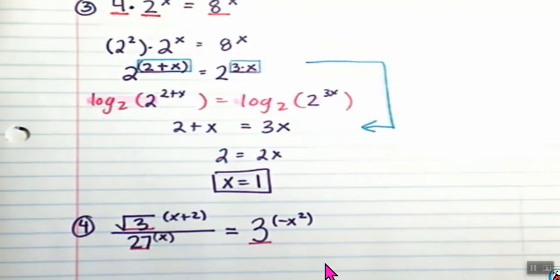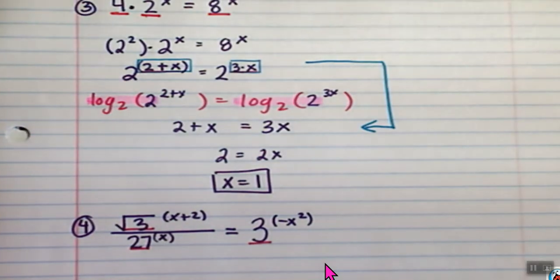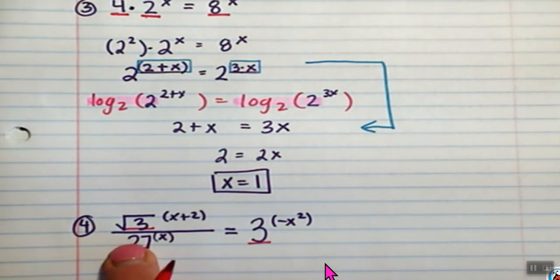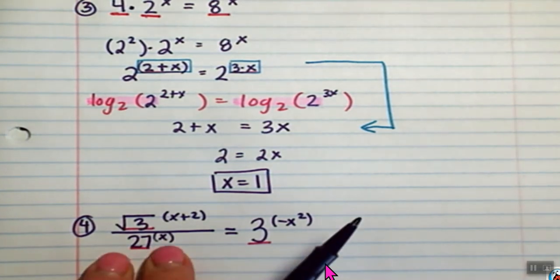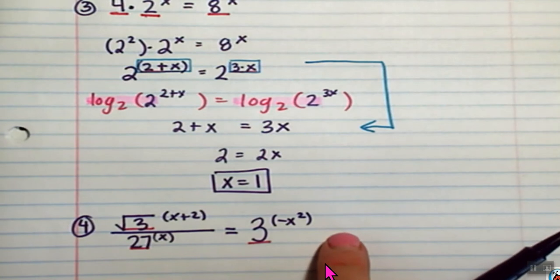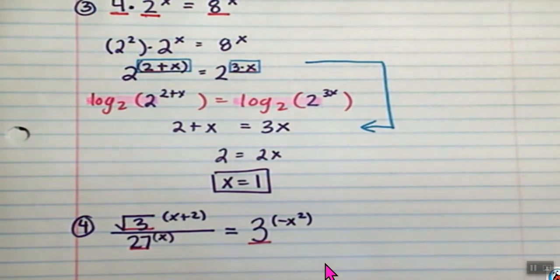All right, so can I turn this into one exponential on the left and one exponential on the right? Yes. Now, there's 2 ways you could do this. You could take this 27 to the x and multiply it to the other side. I'm going to leave it where it is so that I can show you the subtraction property.